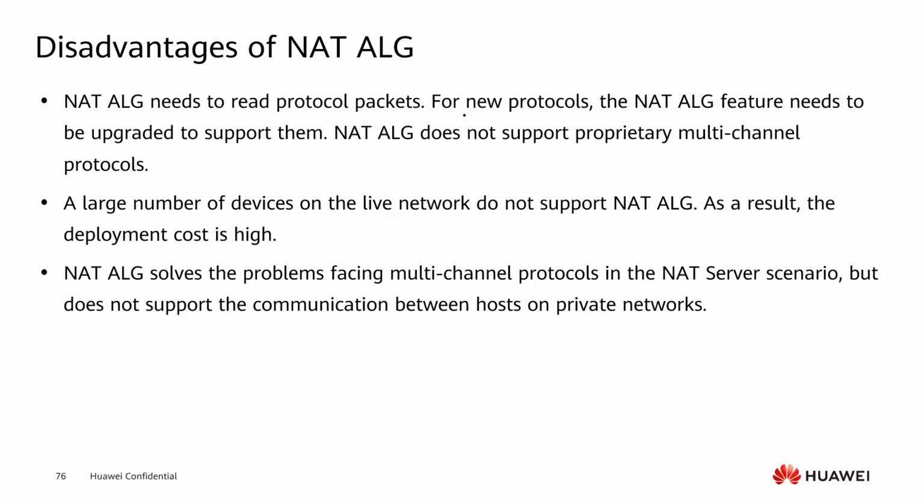So for a new protocol, or maybe a private protocol, the NAT ALG does not know how this protocol works, so it cannot do it. Only well-known protocols can work with NAT ALG. Also, not all devices support this feature, so if you want all the devices to support it, it costs a lot.